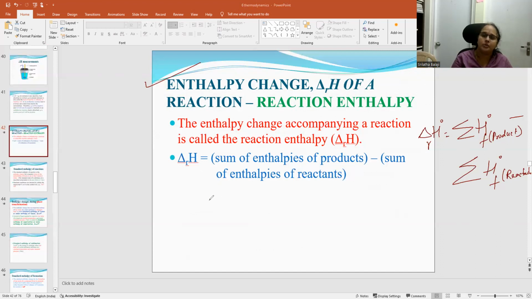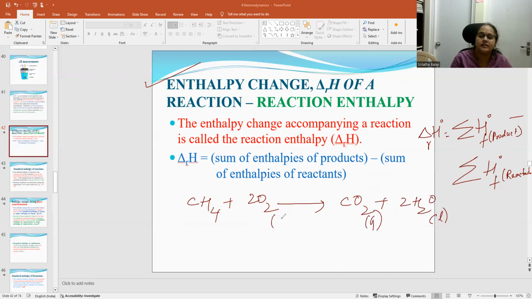Suppose I have an equation: CH4 plus 2O2 giving CO2 plus 2H2O. I'll call this liquid, gas, and then also gas. This is a reaction, right? So if I have to find the enthalpy of this reaction, what is it?